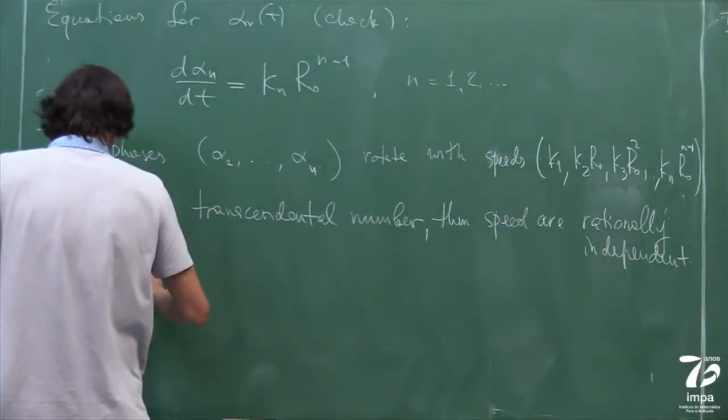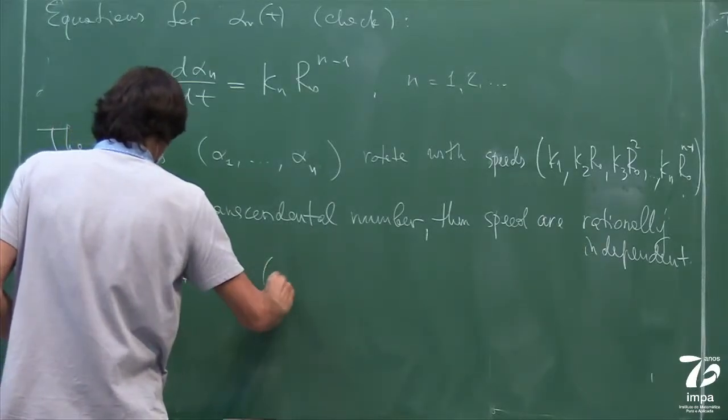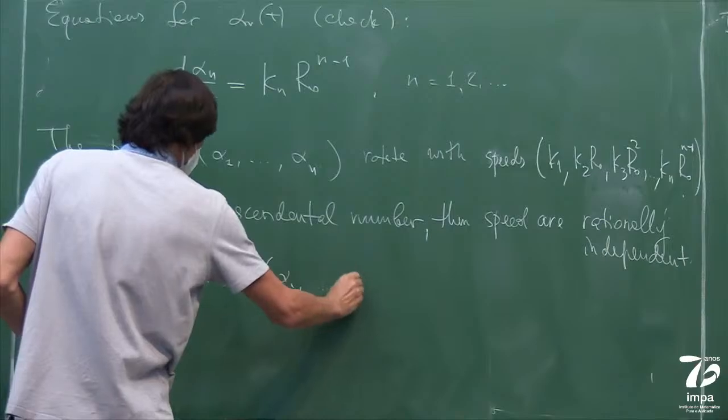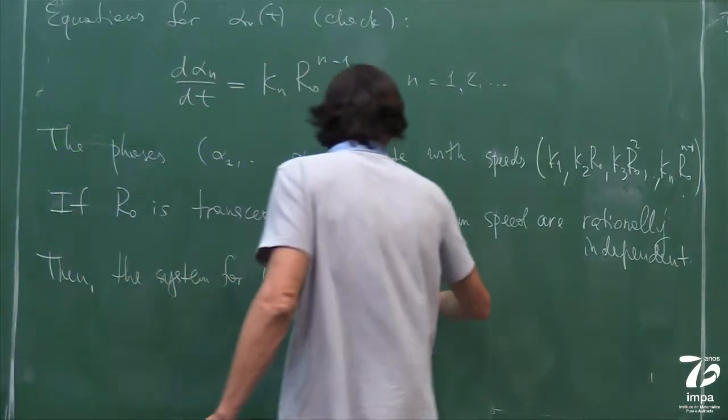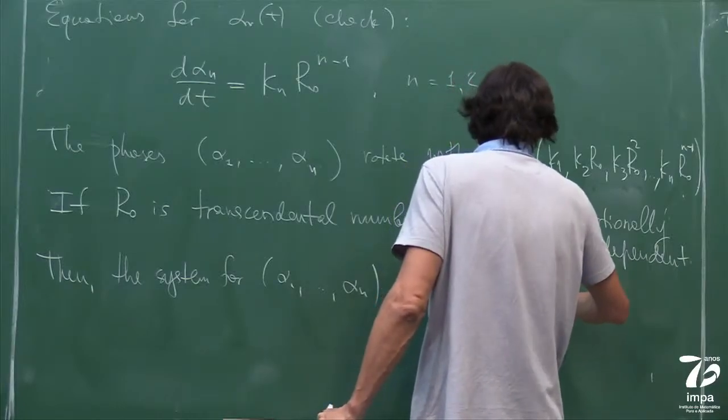Then the system for alpha 1, ..., alpha n is uniquely ergodic.